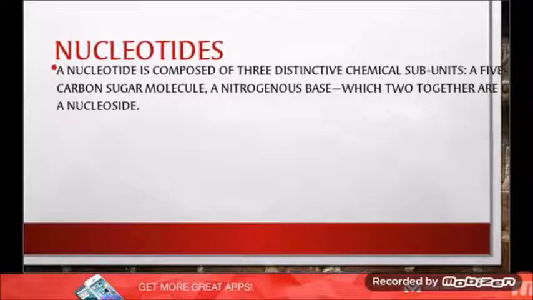A nucleotide is composed of three distinctive chemical subunits: a five-carbon sugar molecule, a nitrogenous base, and a phosphate group. The sugar and the nitrogenous base together are called a nucleoside.